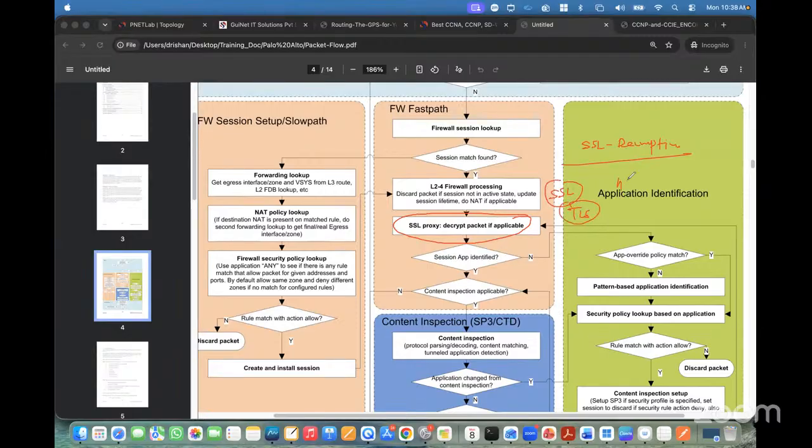If you are communicating over HTTPS, any website, these are completely secure encrypted packets. If you want to see whether the packet has any kind of malware, virus, or vulnerability, you must decrypt this packet because it's encrypted. To decrypt this packet, you require the SSL decryption.